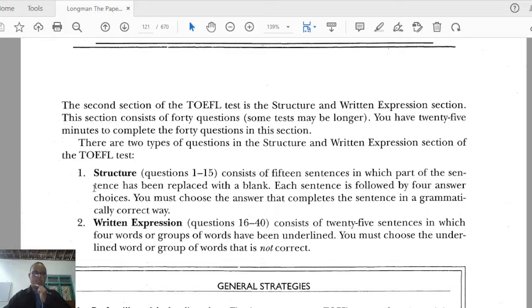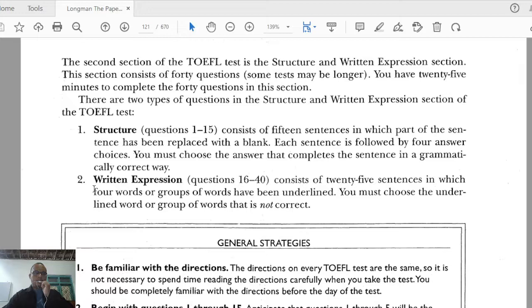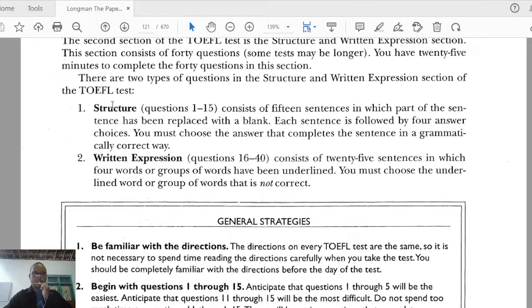There are two types of question in the structure and written expression section of the TOEFL test. The structure, itu bagian grammar ya. Jadi itu antara 1 sampai 15 ya. Questions 1 to 15 consist of 15 sentences in which part of the sentence has been replaced with a blank. Each sentence is followed by 4 answer choices.